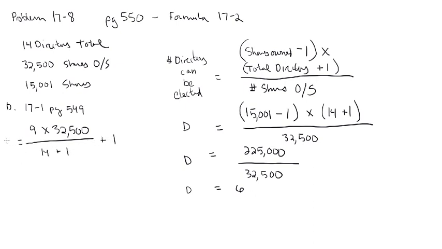These are the number of shares required to elect 9 directors. Okay. S then equals 292,500 divided by 15, plus 1, which means S equals 19,501 shares.